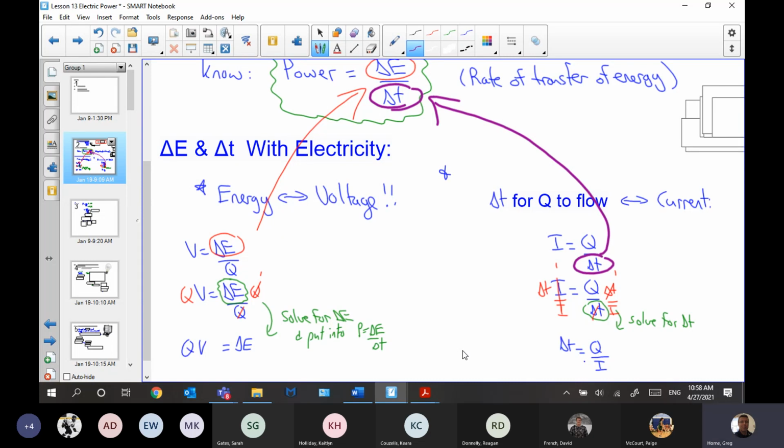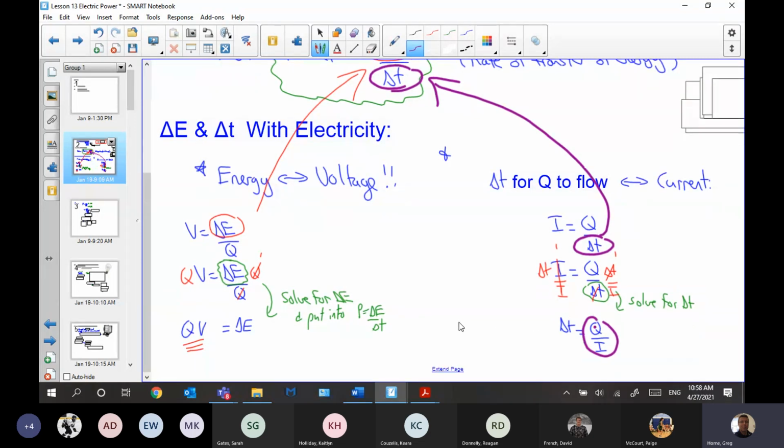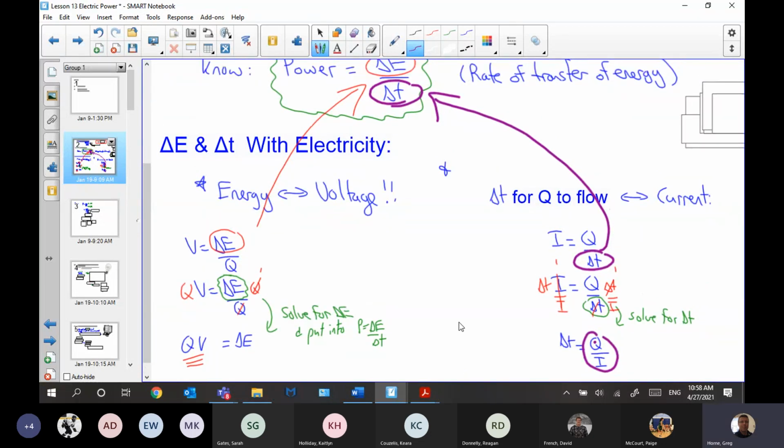Right? So that means that this one goes in the top and this one goes in the bottom. And that's what we're going to do in the next page. Let's actually put those in. So make sure you have enough time to follow that.